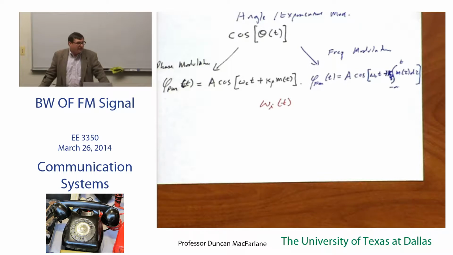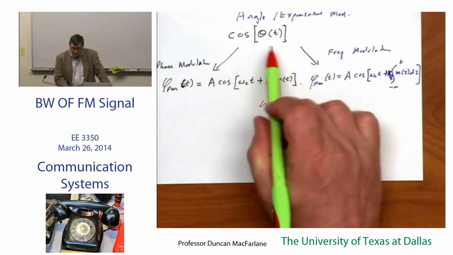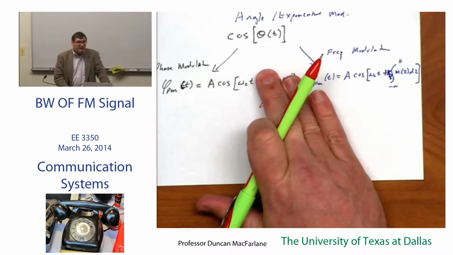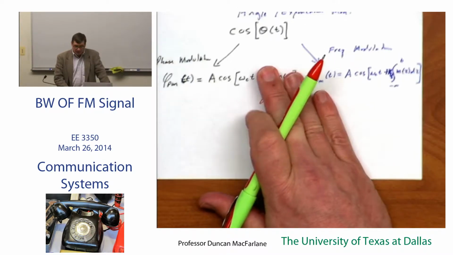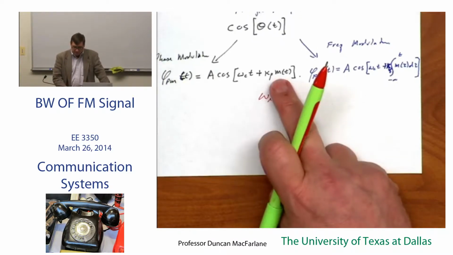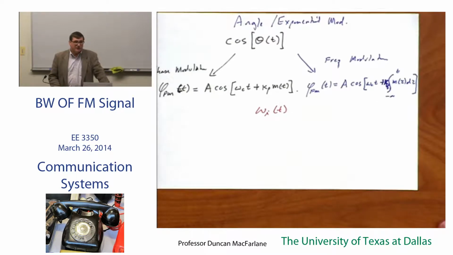Anytime I have a complicated theta(t), I have a complicated frequency dependence. If this term wasn't here, I'd just have omega_c t. But now I've got this m(t) in here, and so all bets are off. Whatever m(t) is drives what my instantaneous frequency is.